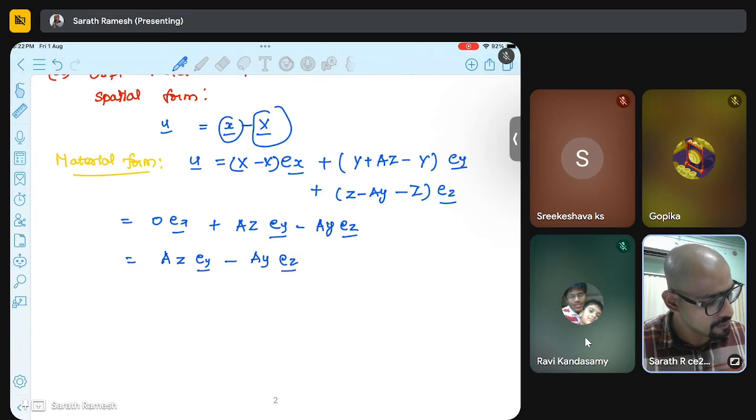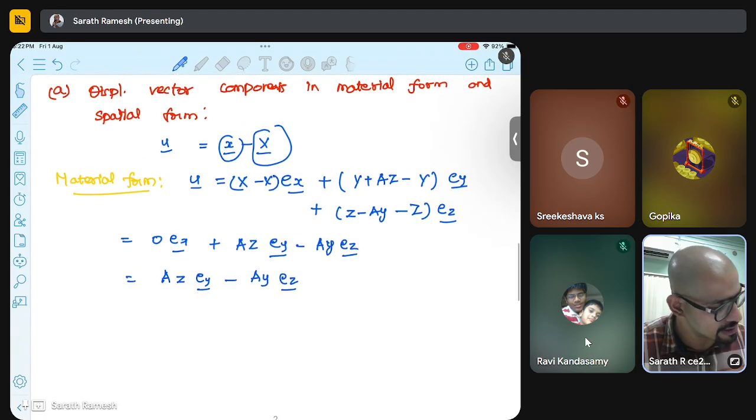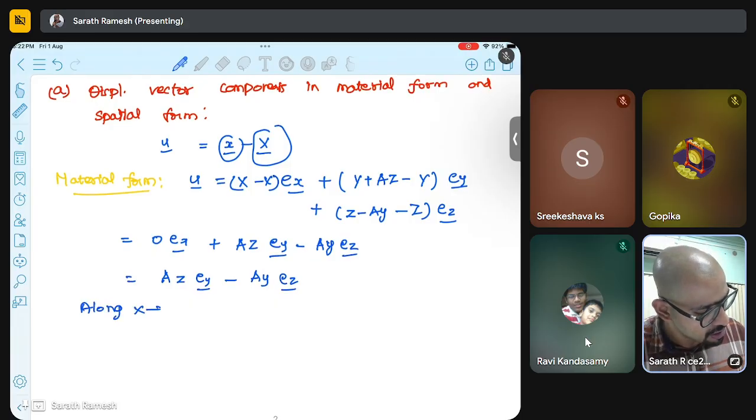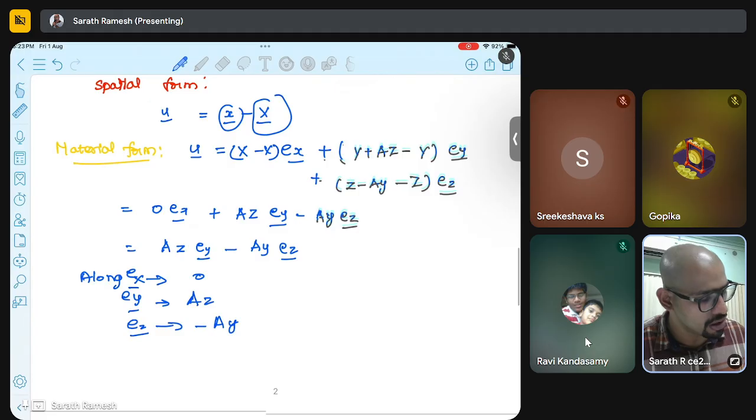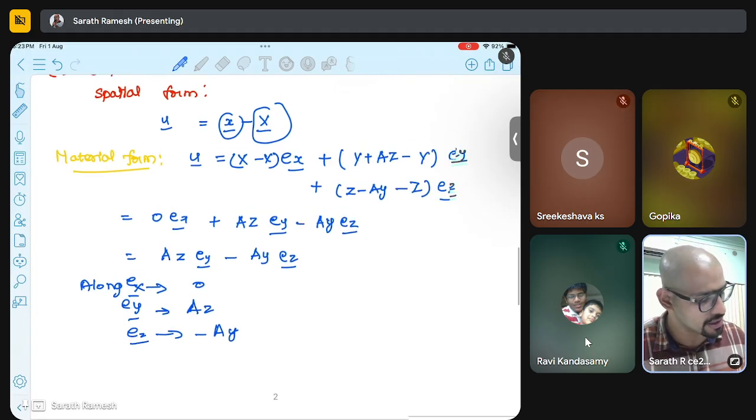So this is the displacement vector components in material form. Along EX it is 0, along EY it is AZ, along EZ it is minus AY. These are the components of the displacement vector.